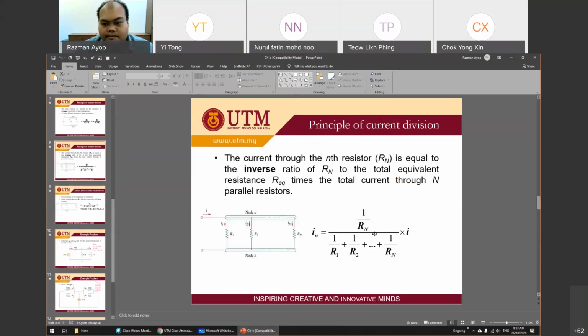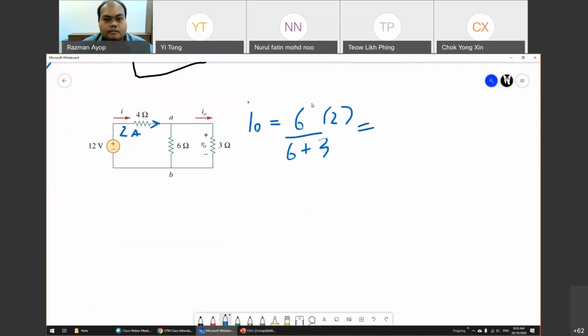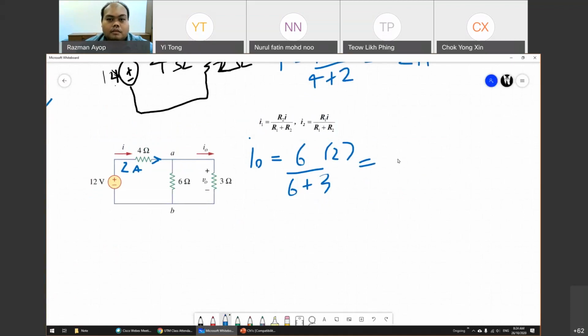So you use this. I out equals 6 divided by 6 plus 3 multiplied by 2.